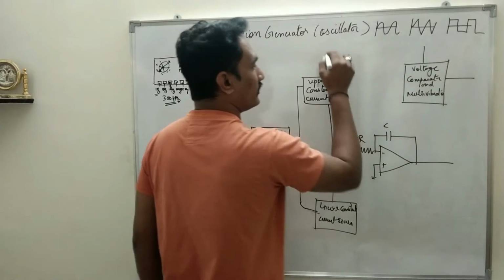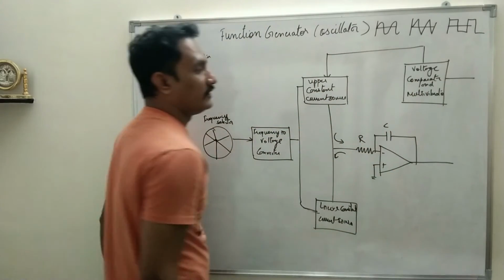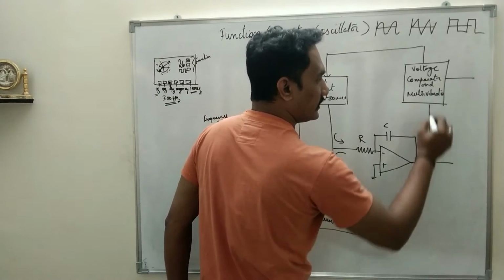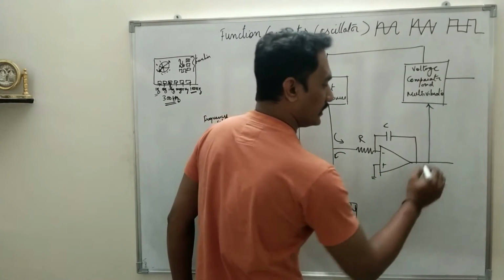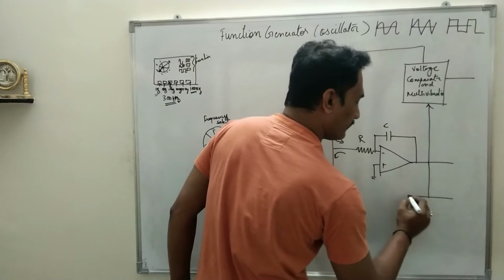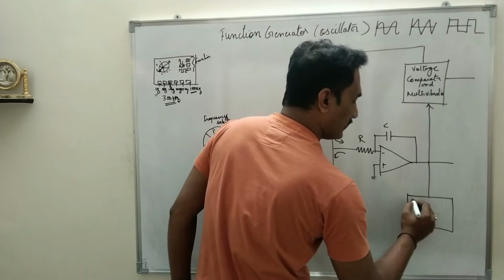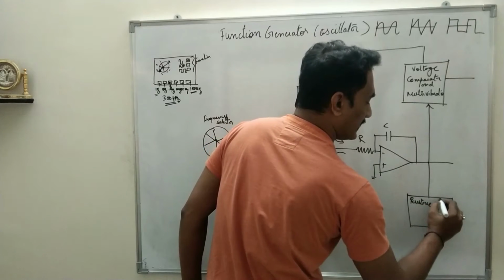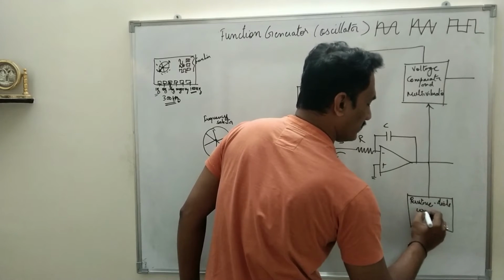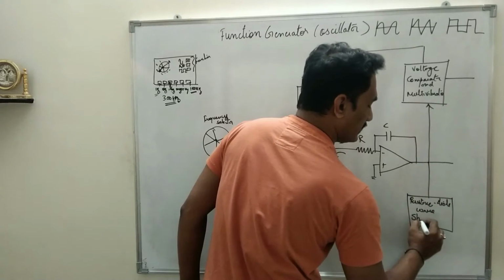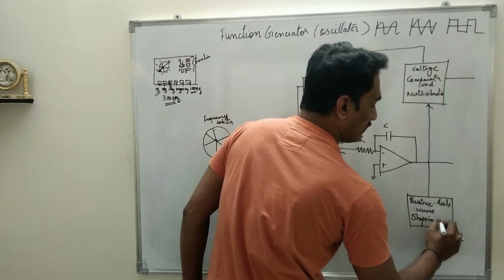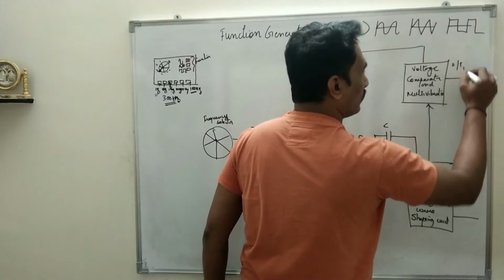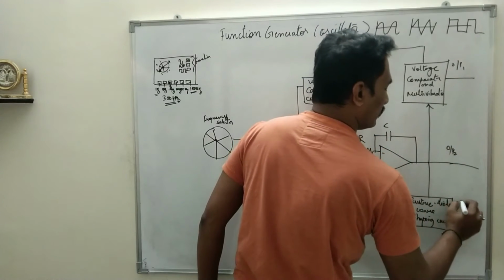The output of the voltage comparator will drive the upper constant current source. And the output of this integrator will be given to the voltage comparator and multi-vibrator, and the output of the same integrator will be given to a resistance diode wave shaping circuit. So that is how you will get three outputs: output 1, output 2, output 3.